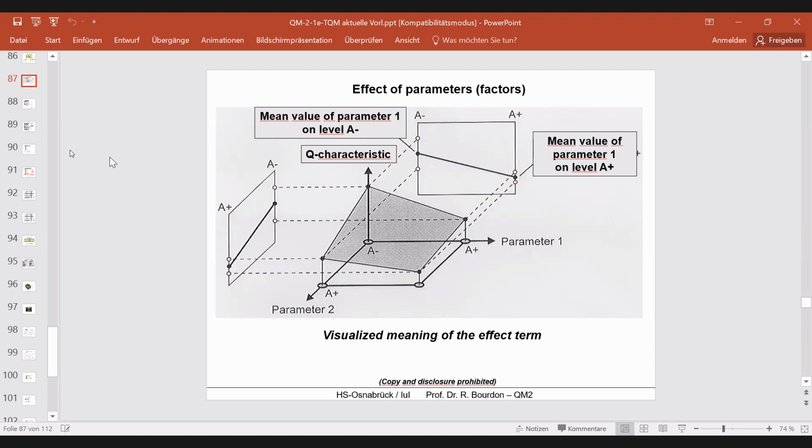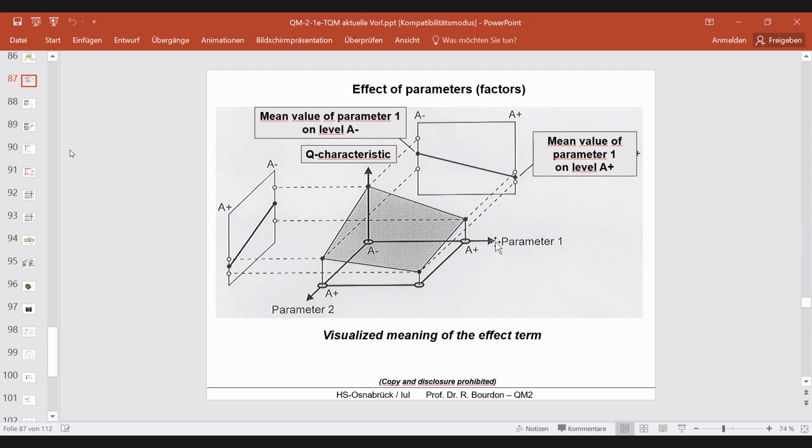The most important thing when using DOE methods is the effect analysis. What is an effect? An effect is the influence of a parameter on a quality characteristic. So let's say you have a quality characteristic, maybe a dimension, and one parameter is temperature and a second parameter is pressure.